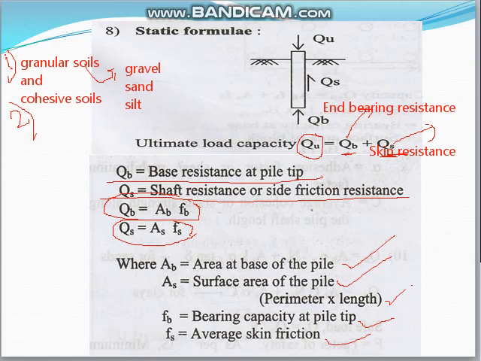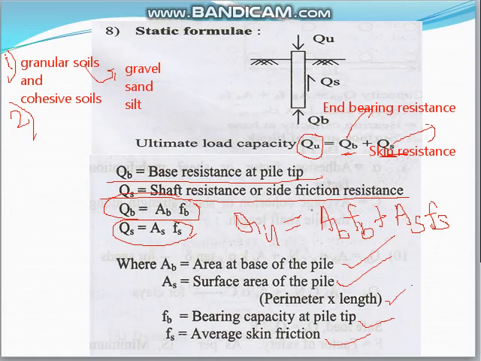So simply the formula is Qu is equal to AB into FB plus AS into Fs.